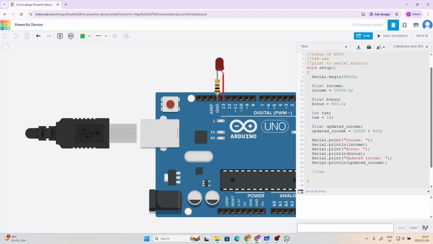So we already have a tax percentage variable. Instead, I'm going to create a new variable and call it tax to government. Let's create a float, call it tax to G. What variables are we using though?